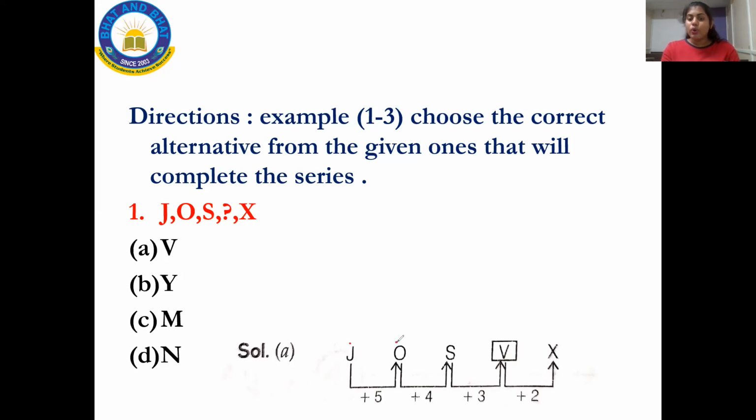See, J, O, S, question mark as indicated by the box, and X. Here, compare J to O. K, L, M, N, O. You should not count J; leave J. K, L, M, N, O is a difference of 5. Next, O to S: P, Q, R, S. So that is 4, plus 4.